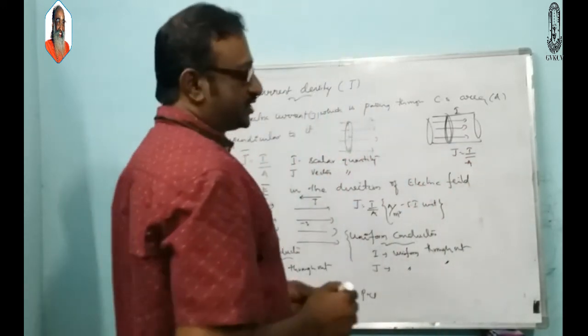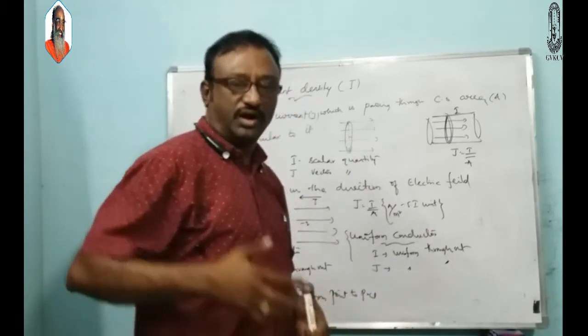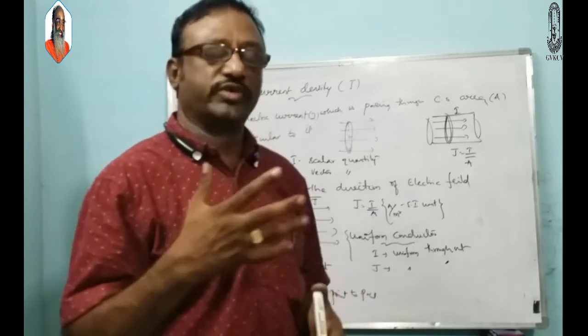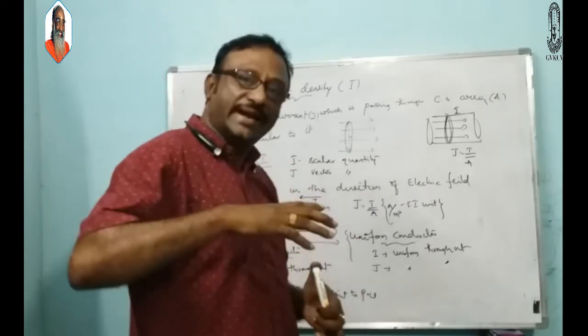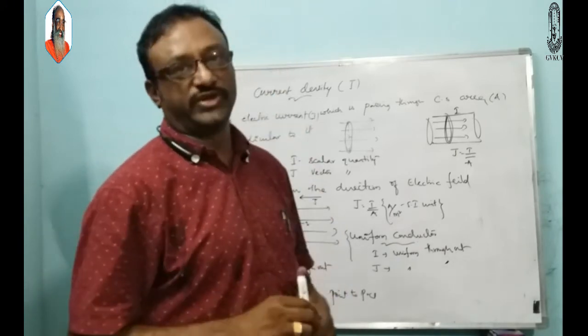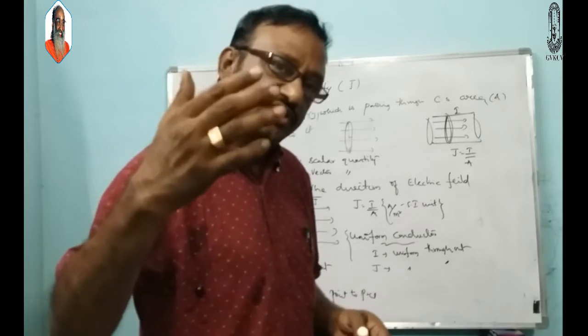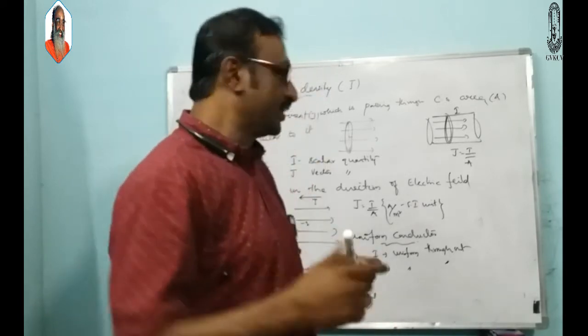But every time we cannot expect that, and for our calculation purpose we have to go with an area which is inclined, that means making some angle with the direction of flow of charges, the direction of electric current.